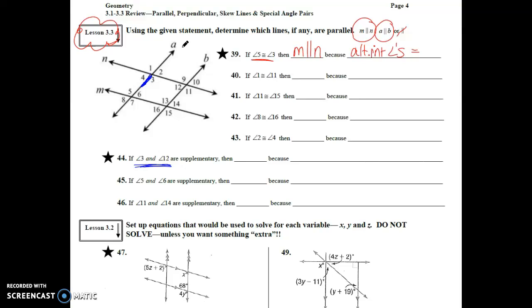So I trace angle 3 and I trace angle 12 and I see the C. That means that N is the one that touches both of those. So N is my transversal, and that means in this case A is parallel to B because consecutive interiors equal 180 degrees.